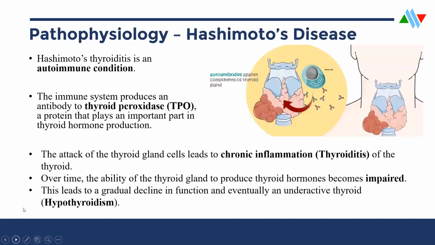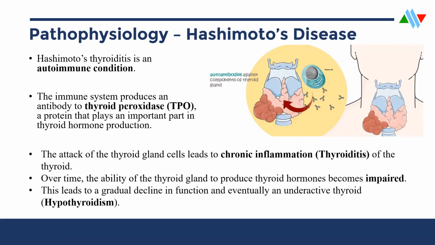However, when we talk about Hashimoto, it being an autoimmune condition, there is production of antibodies, and there are some very specific antibodies. Some antibodies are produced that end up affecting what we call the thyroid peroxidase, which is a very important protein that helps in the production of the thyroid hormone.